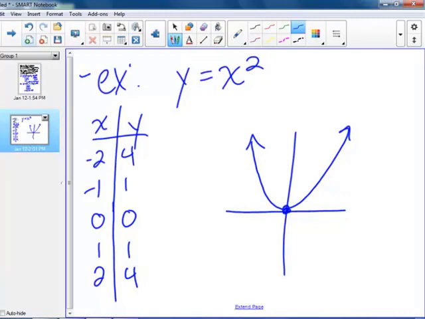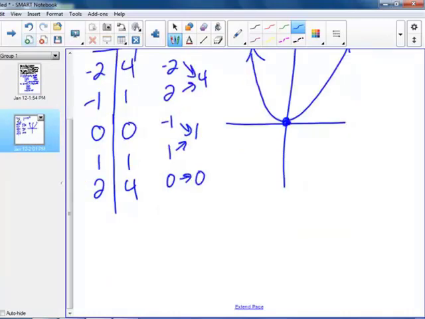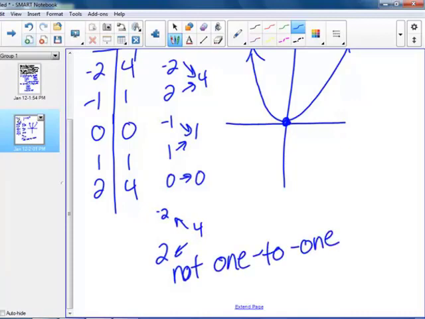So this is a function because -2 goes to 4 and 2 goes to 4, so each x only goes to one y. -1 goes to 1, 1 goes to 1, and 0 goes to 0. But each y doesn't only go to one x. Since 4 goes to -2 and it goes to 2, it is not one-to-one. So it's a function, but it's not one-to-one.